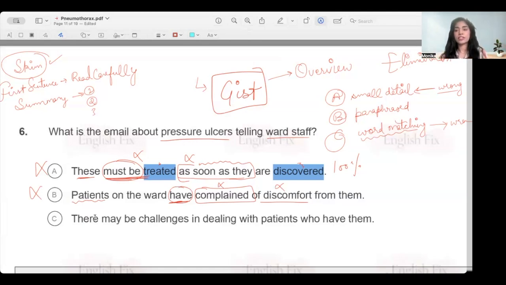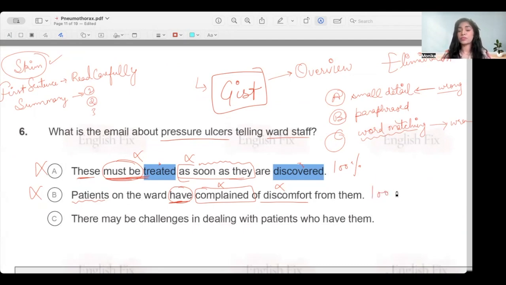OET specially designs question papers in such a way that a person who is specializing in a particular area is not able to necessarily benefit from that experience, because it would not be fair for nurses or physiotherapists. Remember, physiotherapists and all different specialties of dentists are all getting the same question paper as you. They do not want these people to be at an advantage, or you to be at a disadvantage. So coming back to this, answer option B would be incorrect.